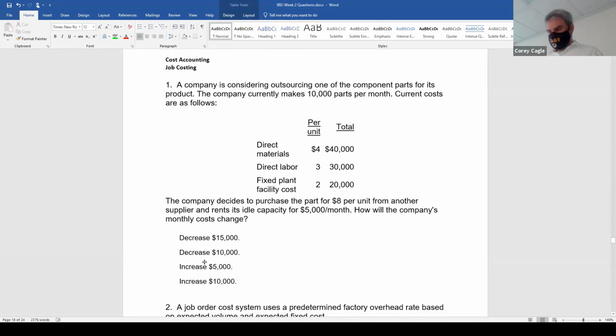So let's see what we got here. Okay, for some reason, this may be the third time they've done this to us. This is still a make or buy question that has nothing to do with this section. I think they've thrown this at us 3 times now. So this is not for us yet.